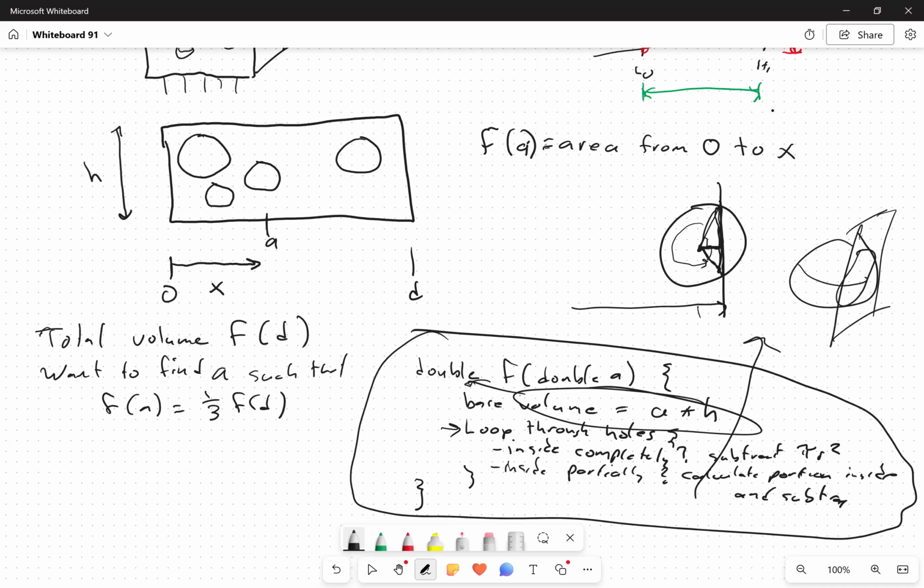That's going to be the 1/3 mark. And we also want to find the second place and find b that's 2/3 f at d. Okay, and so we might say, oh, we cut it there for a and we cut it here for b. And if we make our cuts right there, we get three equal sized slices.